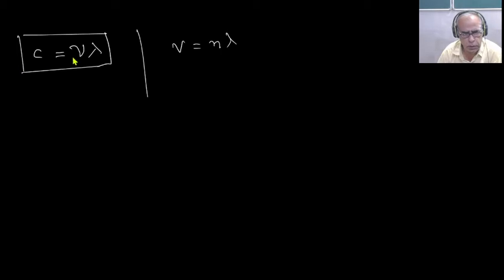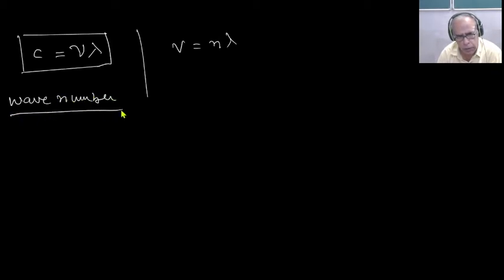Now let us go with this c is equal to nu lambda, right? And you should know another parameter called wave number, represented by nu bar.